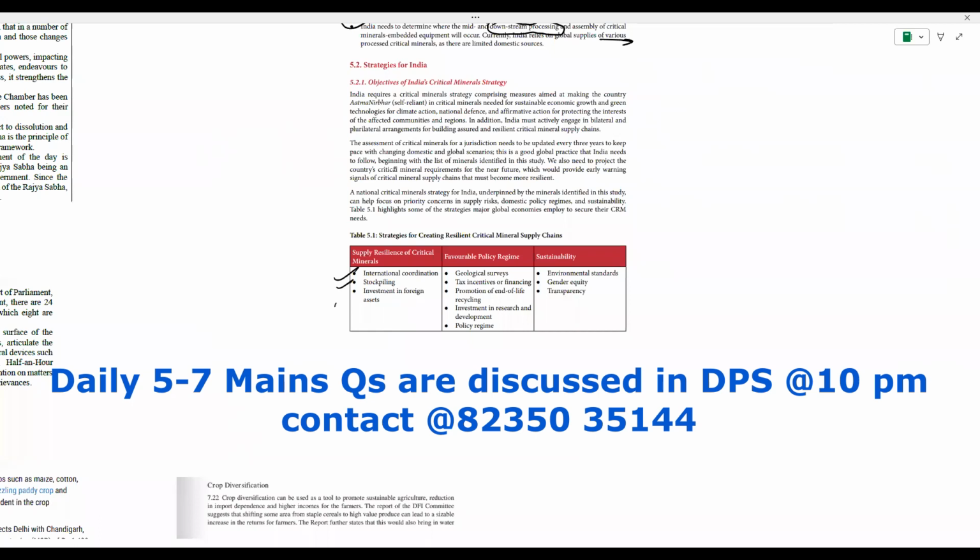So what can we do? Foreign policy, government policy, geological survey, tax incentive, private sector, policy regime change, investment in research and technology. And overall, we have to bring transparency and environmental standards. We need a national critical mineral strategy for India, which will help to overcome supply risk, domestic policy regime, and sustainability.